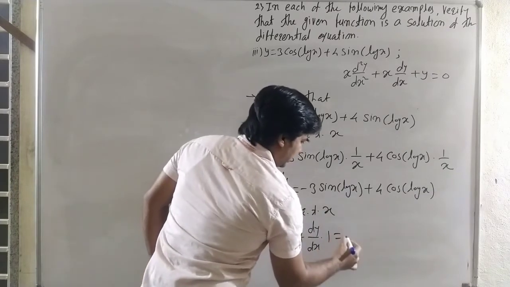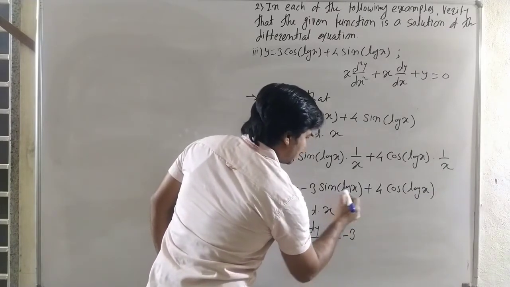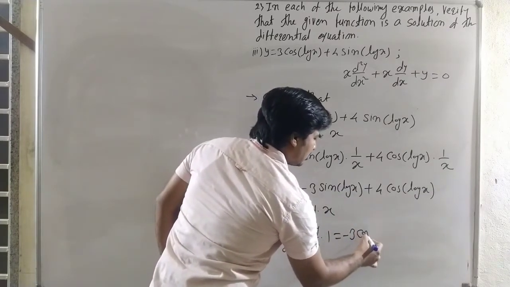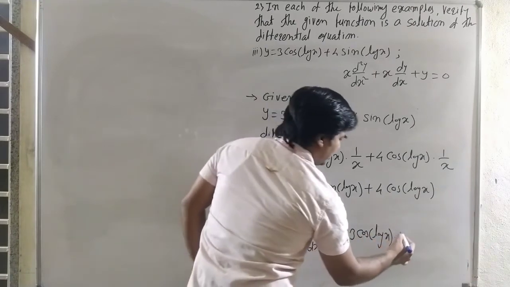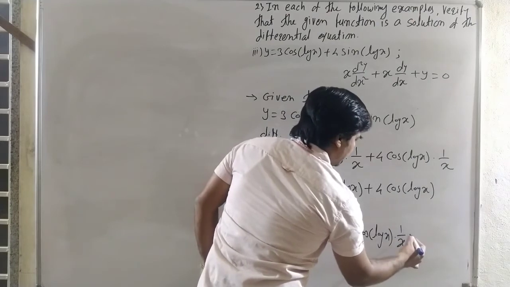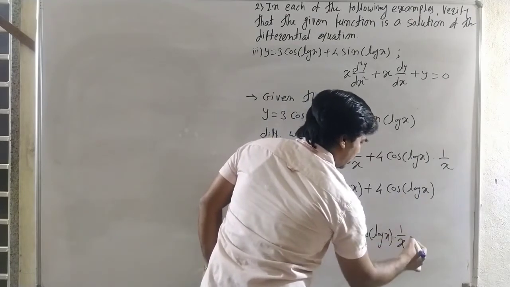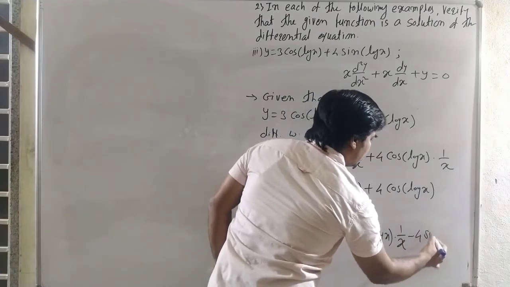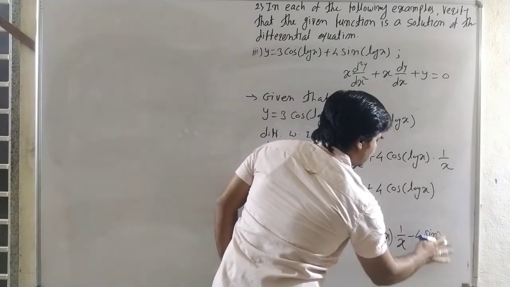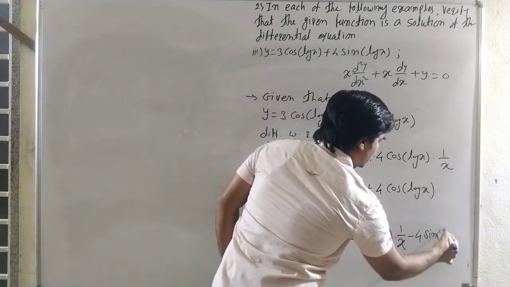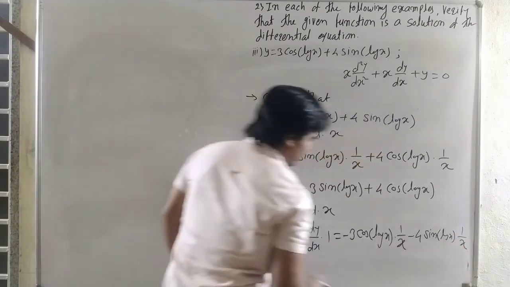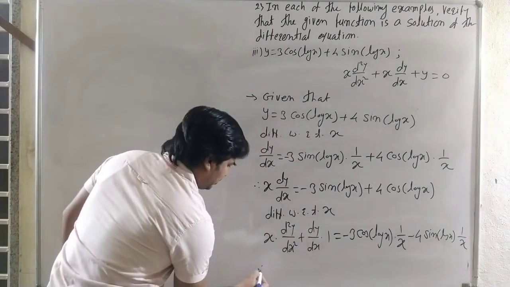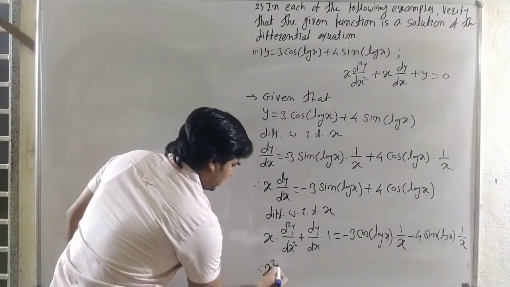Here it is minus 3 sin of log x, derivative of sin of log x is cos of log x into 1 by x, and derivative of cos of log x is minus 4 sin of log x into 1 by x. Now again throughout multiplying by x.